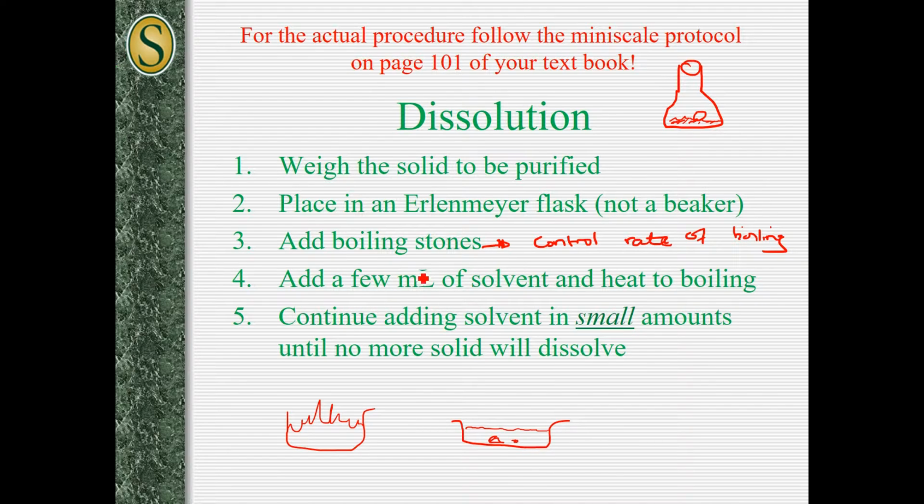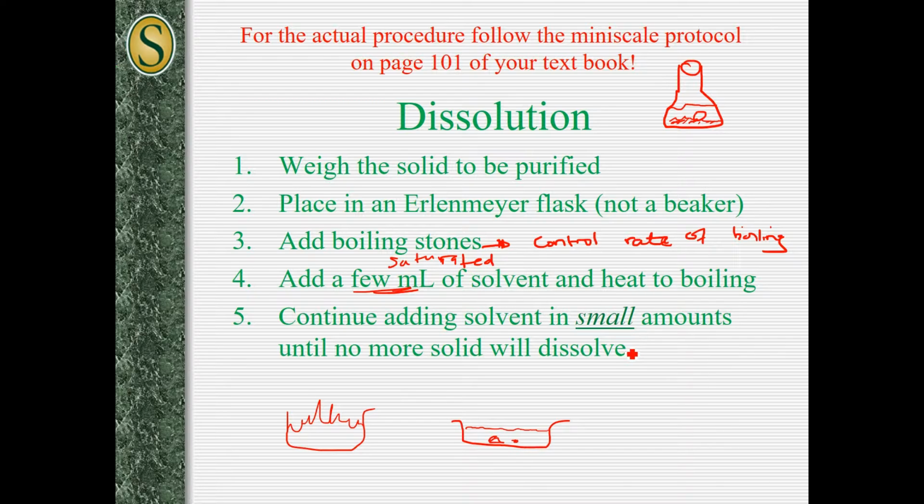So we're going to add a few ml of the solvent and heat to boiling. Remember, we said we want it to be saturated. That's why we are adding a few ml of the solvent, so that the solution stays more than concentrated, which means it stays saturated.